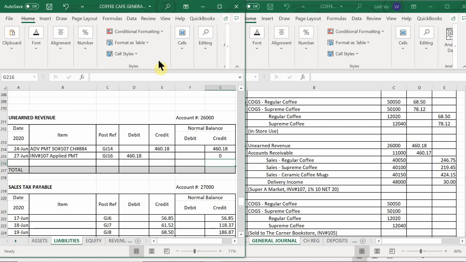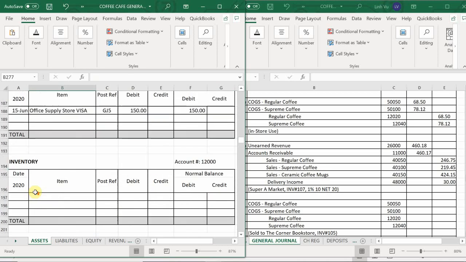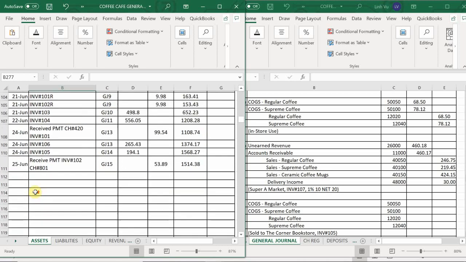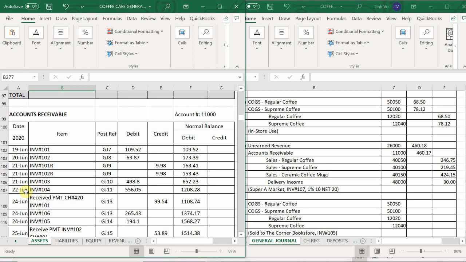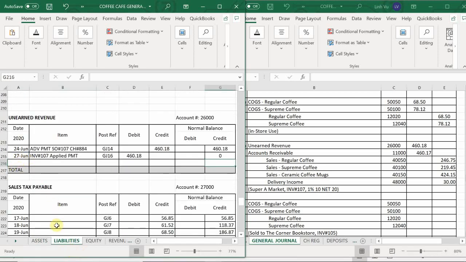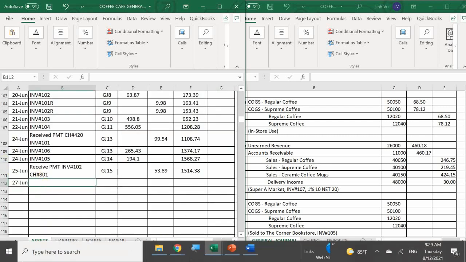Okay. And next we can go to accounts receivable. Our date's 6/27. Invoice 107. General Journal 16.